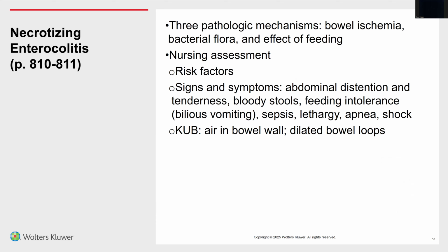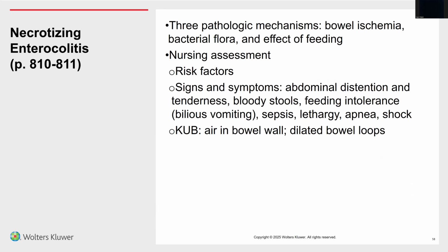Formula-fed babies have a higher risk of getting NEC than a breastfed baby, which is why in the preterm NICU babies, these big NICUs want to use donor breast milk for feedings if the mother is not breastfeeding or doesn't have enough milk yet.